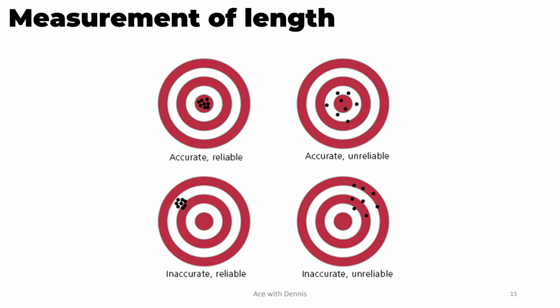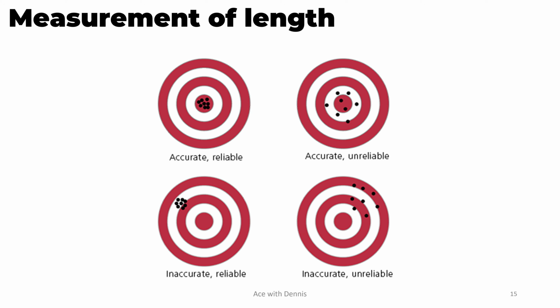And we look at the second picture, right? We can see that all of the dots are very close to the bullseye, but they are actually quite further away from each other. So this data is accurate but unreliable. Go to the third picture, we can see that all the black dots are close to each other, but they are far away from the bullseye.